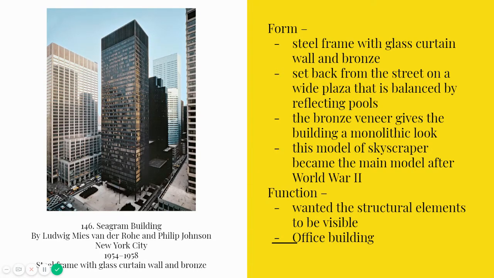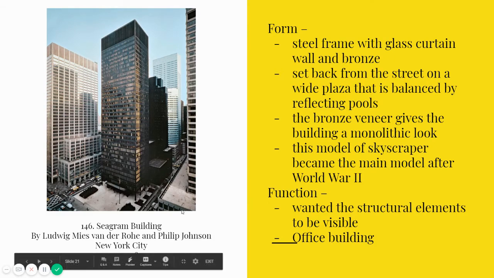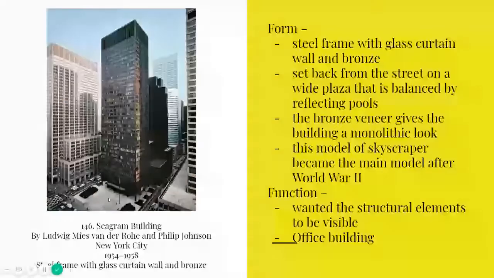The bronze is really what gives it its uniqueness because it gives it that nice brownish tone. It's set back from the street and has a wide plaza that is balanced by reflecting pools. That bronze veneer gives the building this monolithic look.